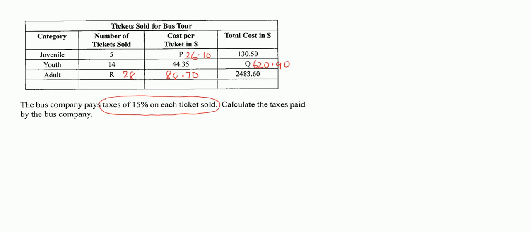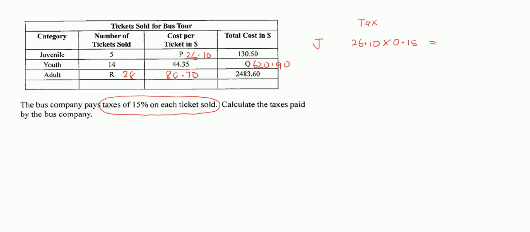So if I sell a juvenile ticket, the tax for a juvenile ticket will be 26.10 multiplied by 0.15.